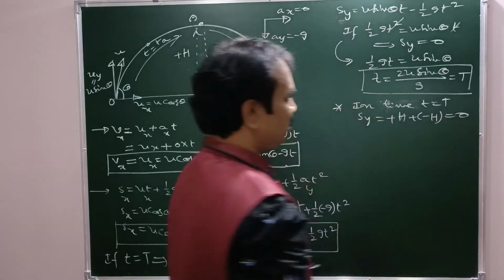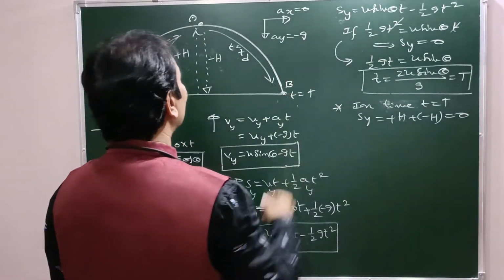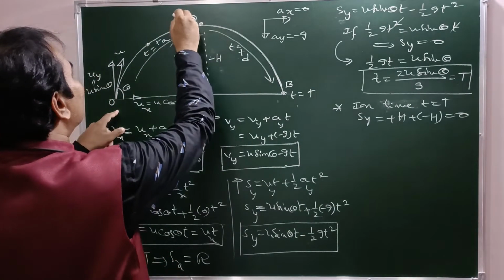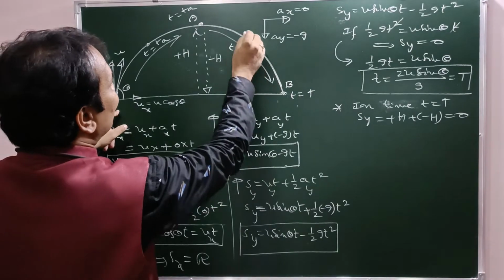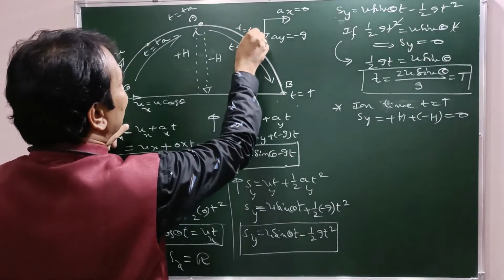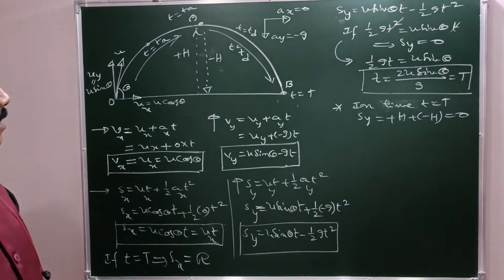So what is the time here? T becomes capital T for the whole flight. From O to A, t becomes Ta. From A to B, t becomes Td.